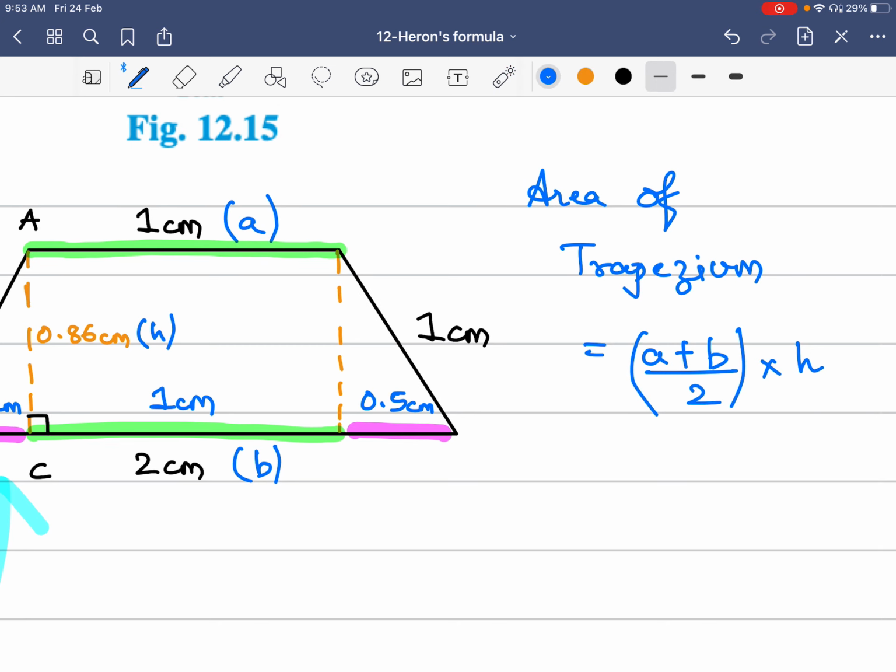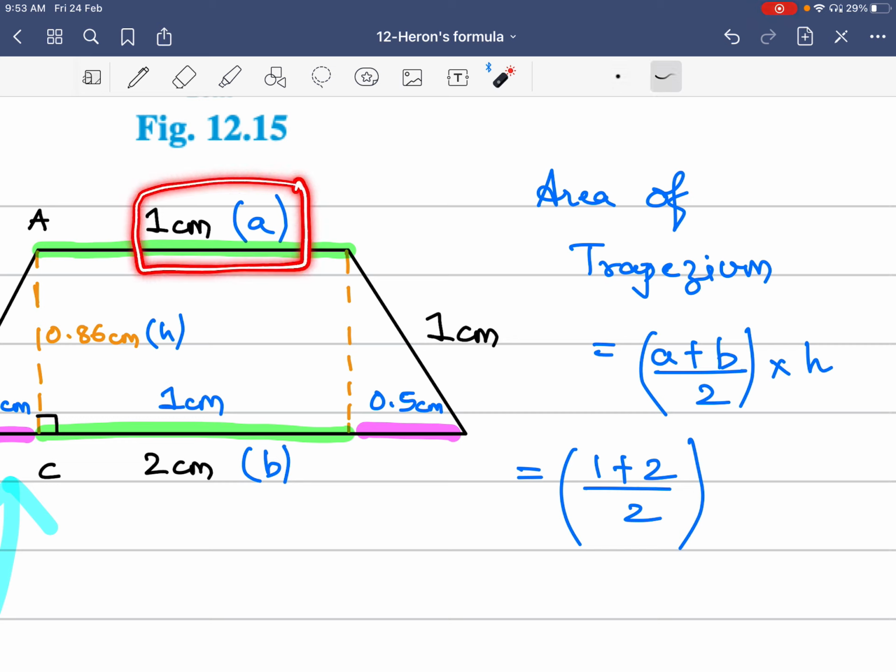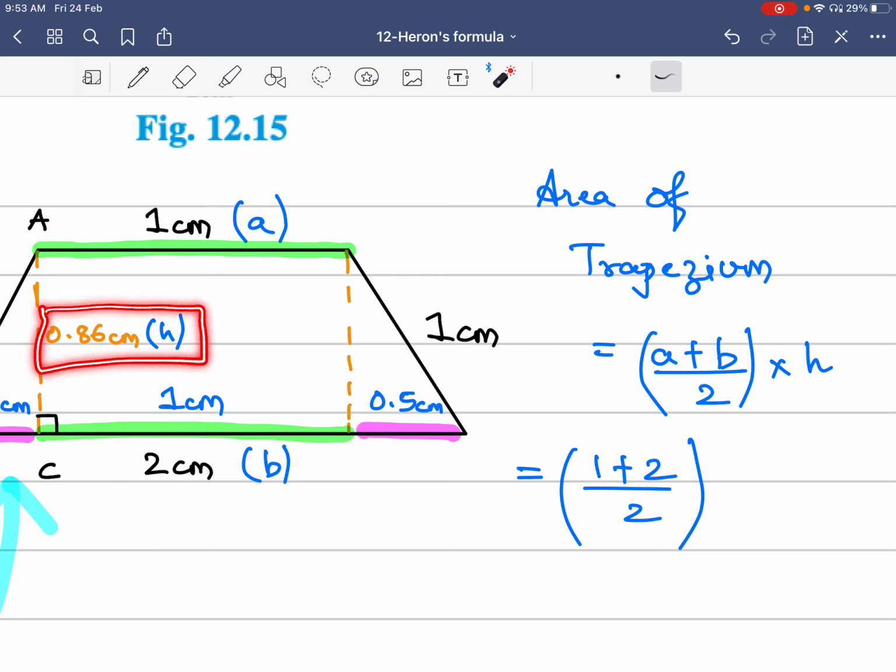Area of trapezium is equal to A plus B, so that is 1 plus 2 the whole divided by 2, times the height. This is A, 1 centimeter, this is B, that is 2 centimeter, and this is 0.86, which is the height.